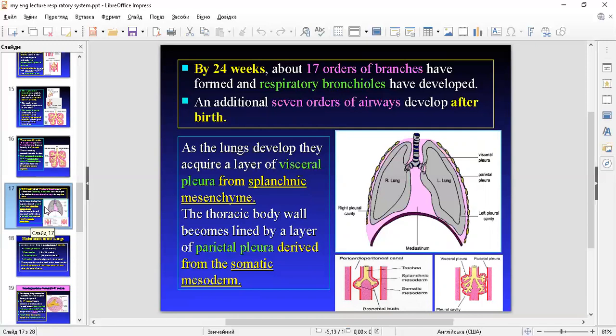As the lungs develop, they acquire a layer of visceral pleura from splanchnic mesenchyme. The thoracic body wall becomes lined by a layer of parietal pleura derived from the somatic mesoderm.